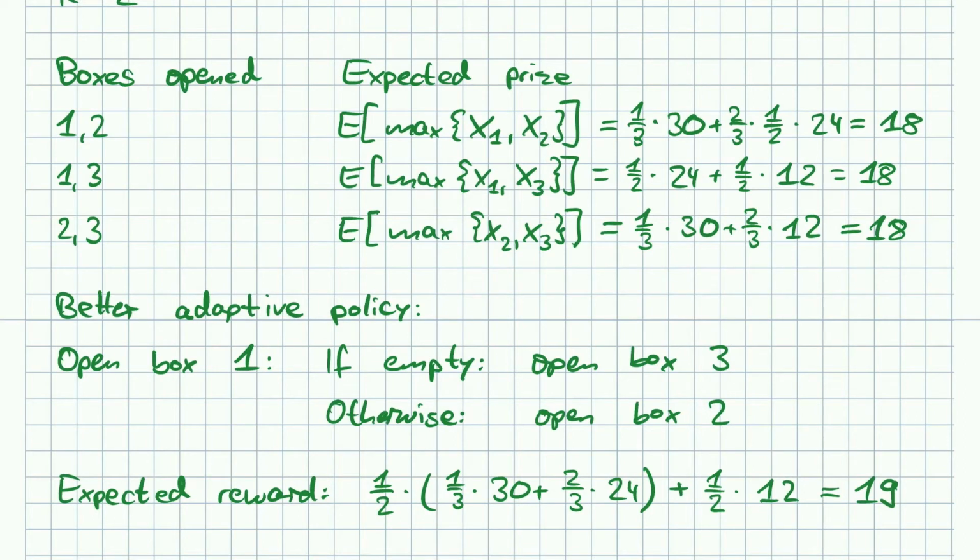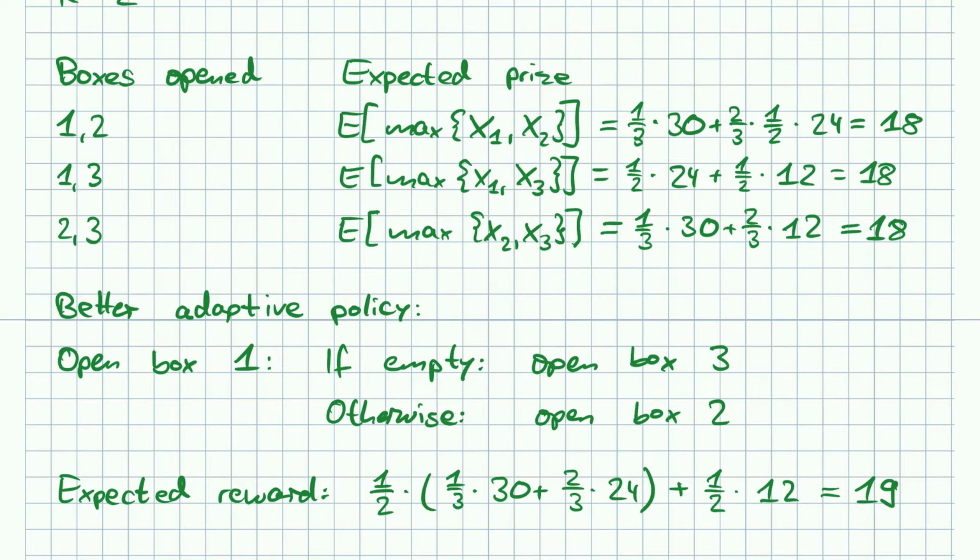Well, we take it home whenever we find the 24 inside this box, but then the second box that we open actually turns out to be empty. So this means that the value of z_{1,24} is actually a half times 2/3, because this is exactly the probability that we're taking home the 24.